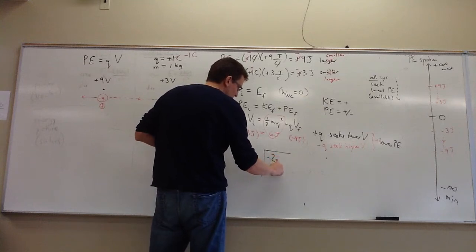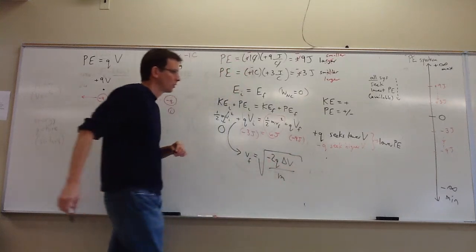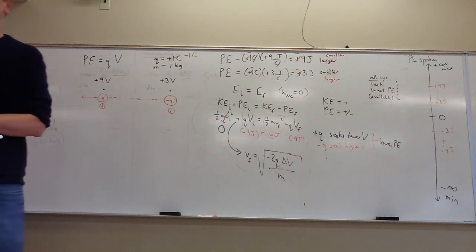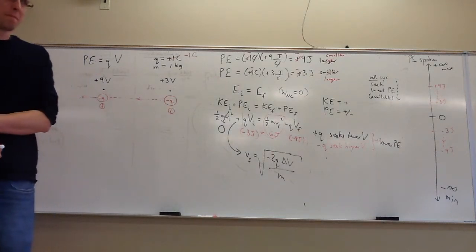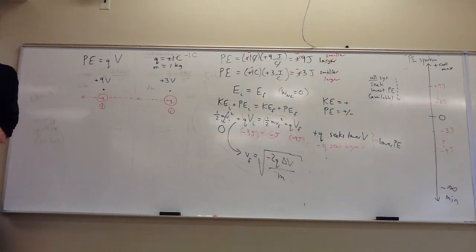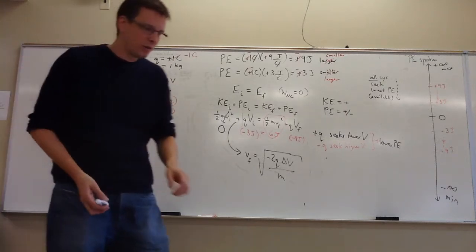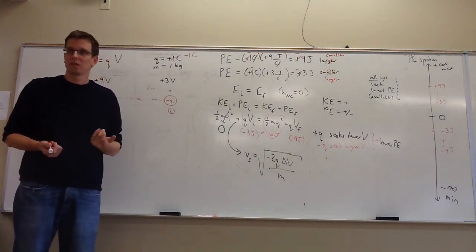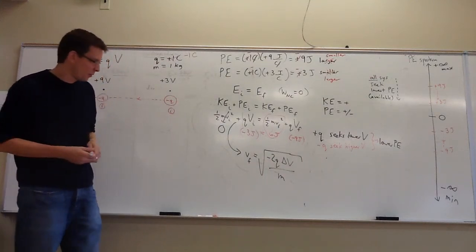You get minus 2q delta V over m. And delta V, of course, delta anything is understood to be final minus initial, okay? Now that's not really that remarkable of an equation, but let me point out one feature of it, and this is something that you might not notice if you're cramming in the numbers right away.